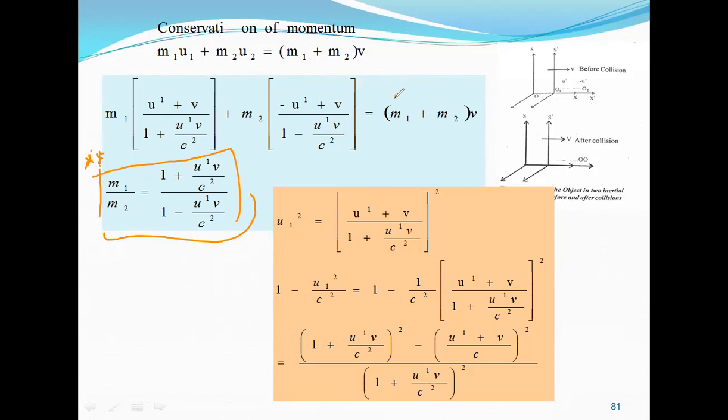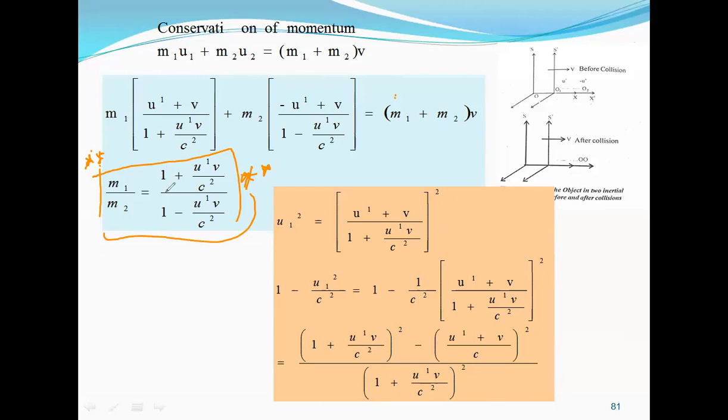You can bring M1 to one side and M2 to the other side, and the numerator will cancel, the denominator should be there, and then you can get this one. Whatever I did was almost the same. I think I just cancelled the denominators. Okay, do that. This is an important equation that we have to remember.